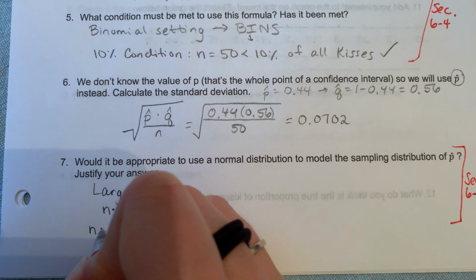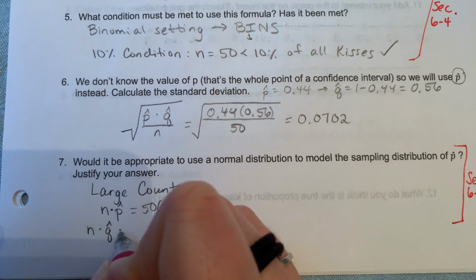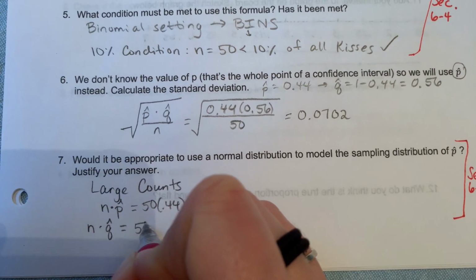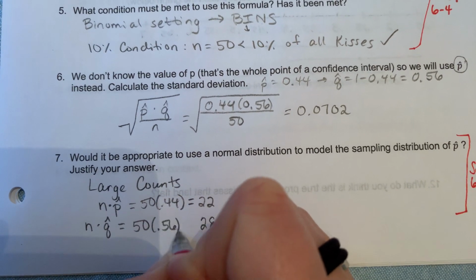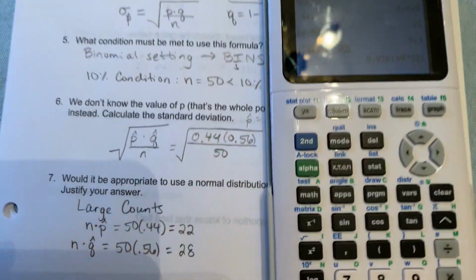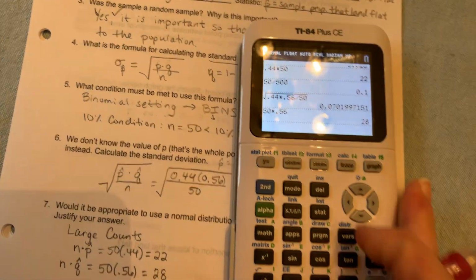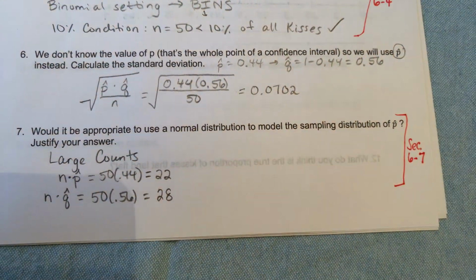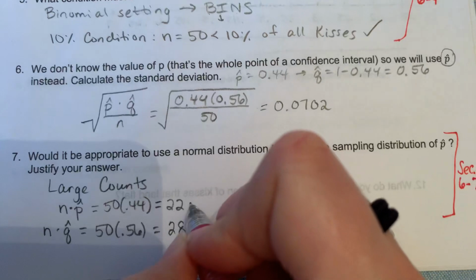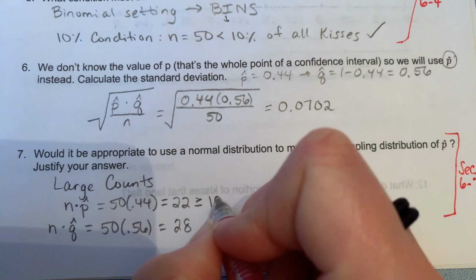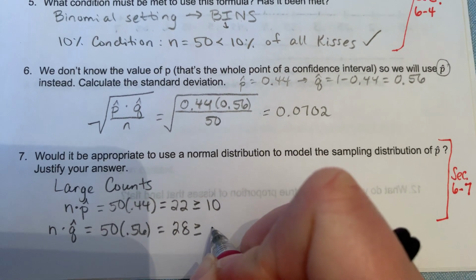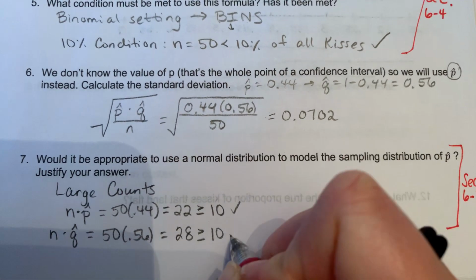So the other calculation you have to do is n times q hat, or 1 minus p hat. So this would be 50 times 0.56. And if I do that, I'm pretty sure it's going to be 28. 50 times 0.56, yes, it's 28. So that's the number that landed on their side. Okay, so what we have to check is that they are greater than or equal to 10. And that's true.